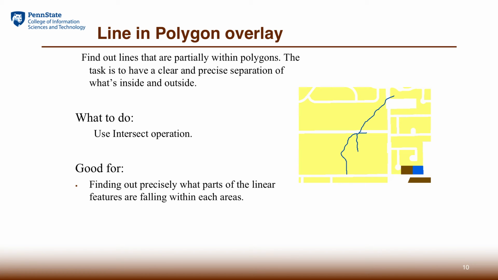In the example we show here, we are interested in the distribution of creeks across different parcels. In order to get clear statistics, even if the creek is partially inside, we want to know exactly how long. The creek features we see here cross multiple parcels.